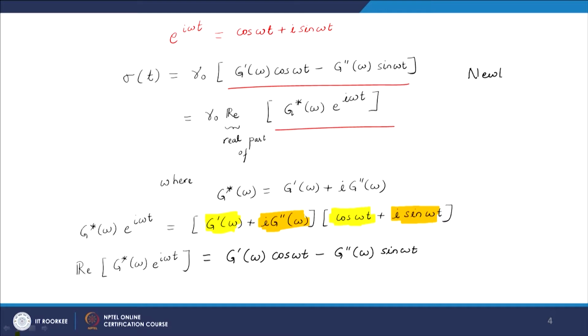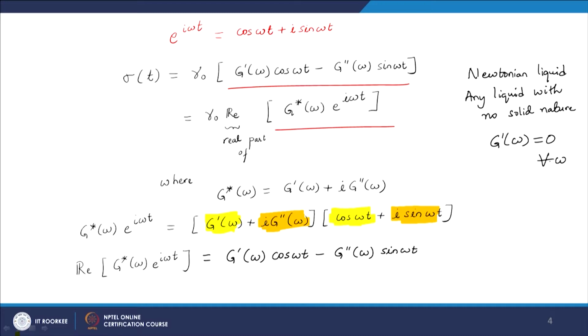So, essentially the functions G prime and G double prime characterize the behavior of the system that is viscoelastic in nature. Of course, if it is a Newtonian liquid, and in fact any other liquid with no solid nature, what we do get is that G prime omega will be 0 for all omega values.